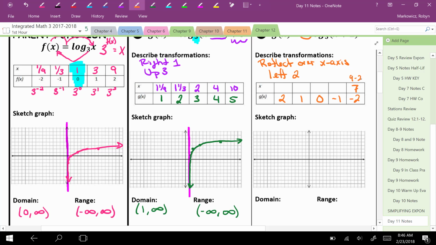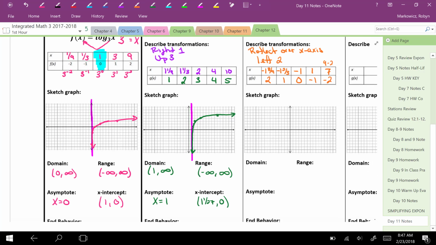What is 3 minus 2? 1. What is 1 minus 2? Negative 1. Do you have 3 points? Yes. So do I need to actually do the fractions? No. But you could. 1/3 minus 2 is negative 1 and 2/3. 1/9 minus 2 is negative 1 and 8/9. So if you want those in there, you can.